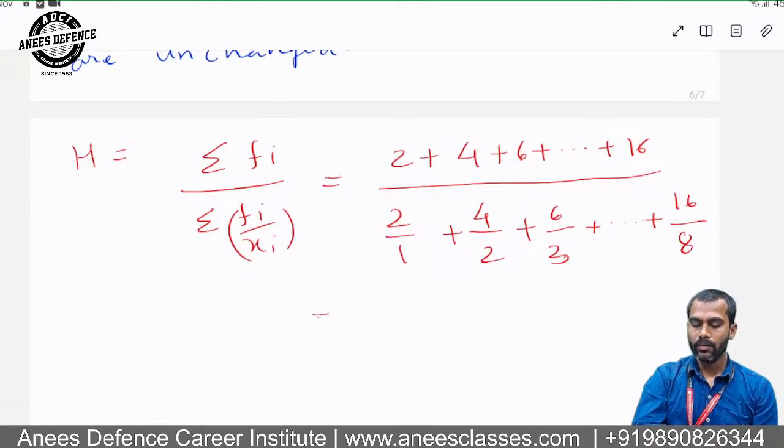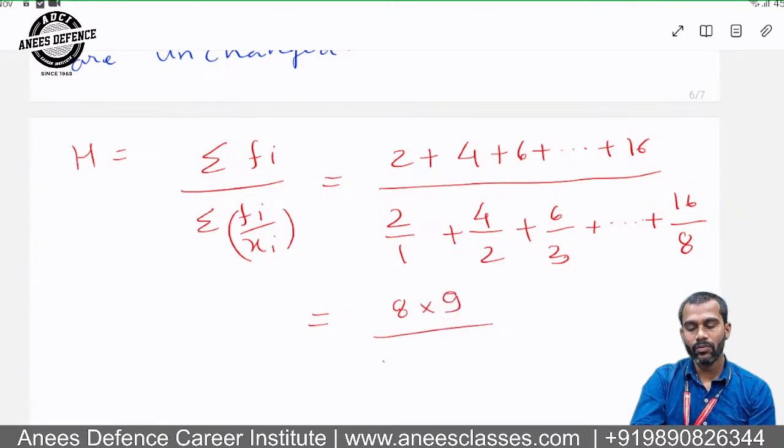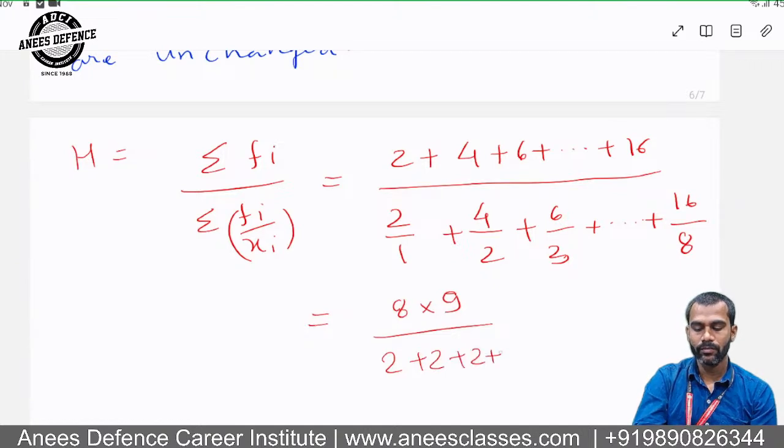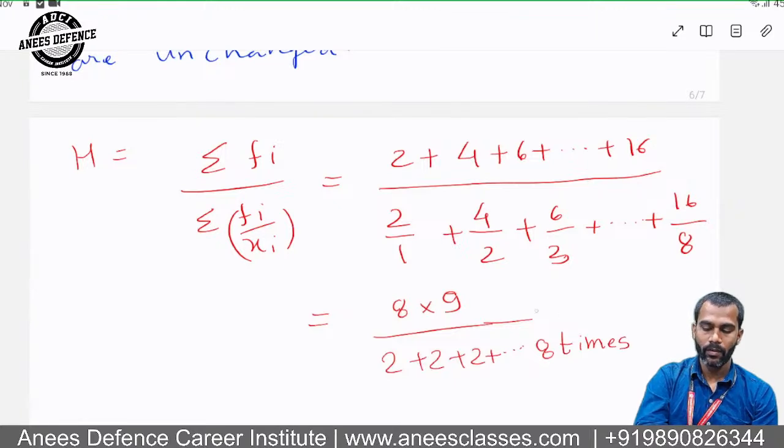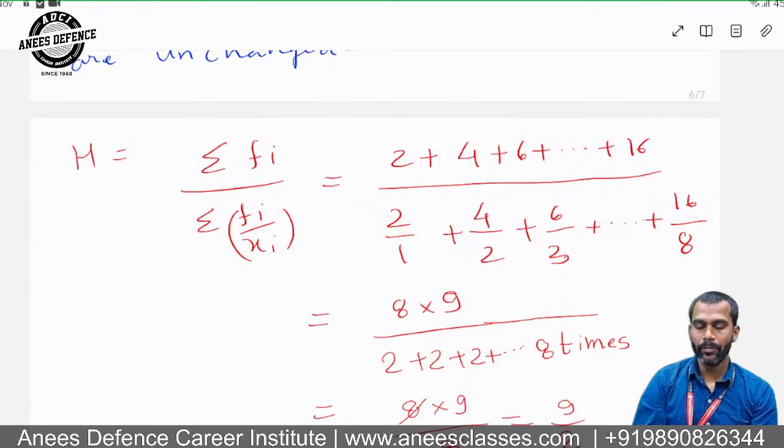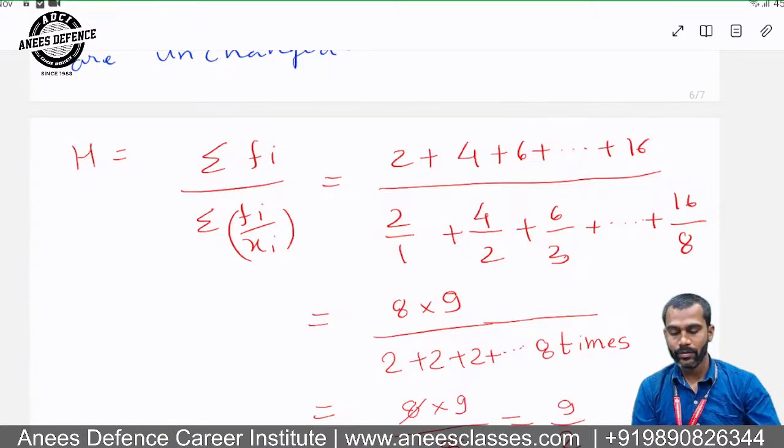Now tell me, sum of first n even natural numbers, n into n plus 1. How many numbers are there? 8. So 8 into 9, divided by, this is nothing but 2 plus 2 plus 2. How many times? 8 times. Yes or no? So 8 into 9 divided by, tell me, 2 into 8. 8 and 8 will cancel. Understood? So remember it. Next.